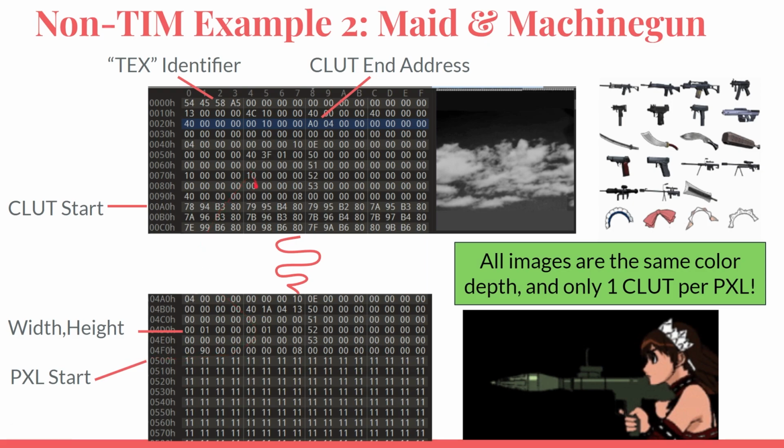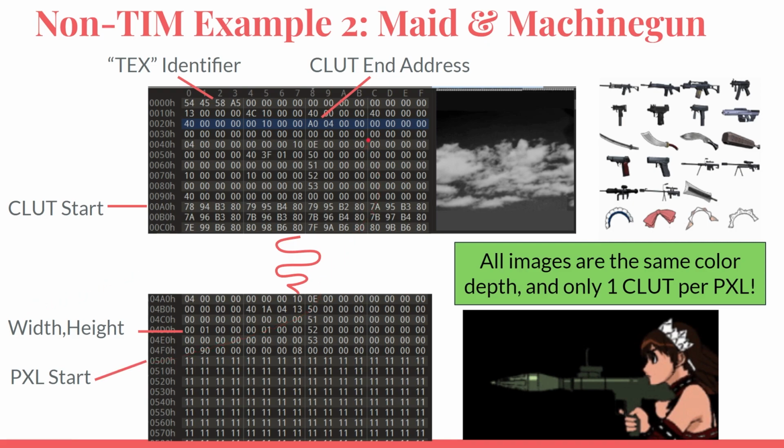And that is all the information we need to extract these images, because this game kind of gets a little bit lazy, and every single image in this game is the same color depth. They're all 8-bit, and they only have one color palette per pixel. So it was very easy to extract the data at that point.